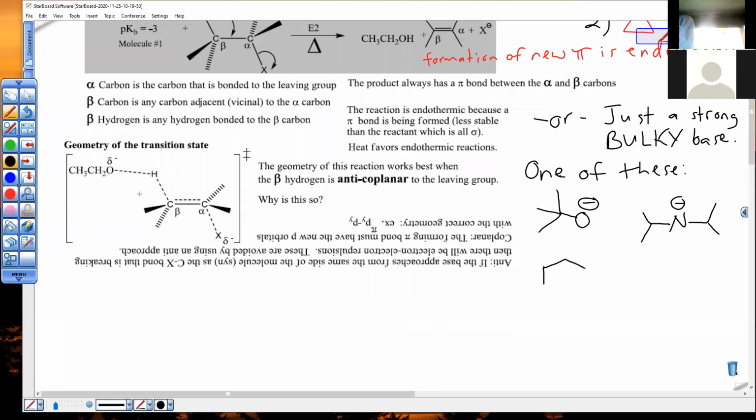Other strong bulky bases you'll see, I mean, they're identical. The 2 O minuses have a tertiary carbon attached. So really, is there a big difference? No. We could put this in a ring too. Those are E2 bases.